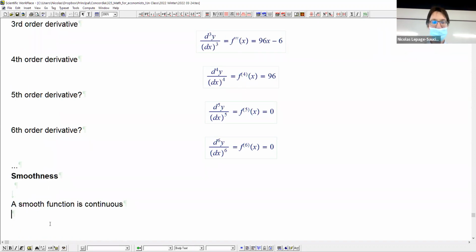And so that's the first condition. If it's not continuous, you just stop there. And then if it is continuous, then it can be smooth. So what is smoothness? Smoothness refers to the number of derivatives which can be taken in the whole domain of a function.